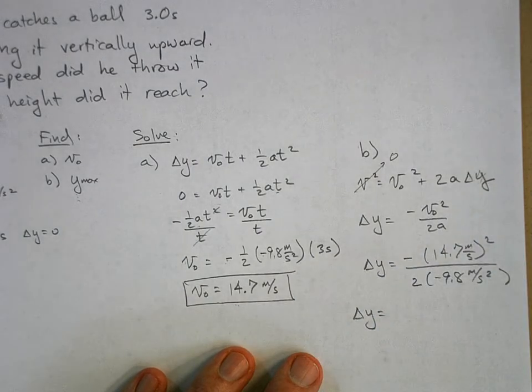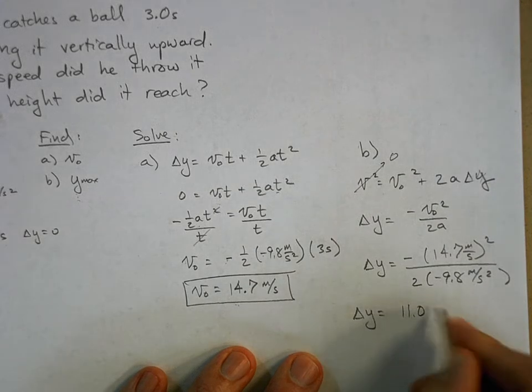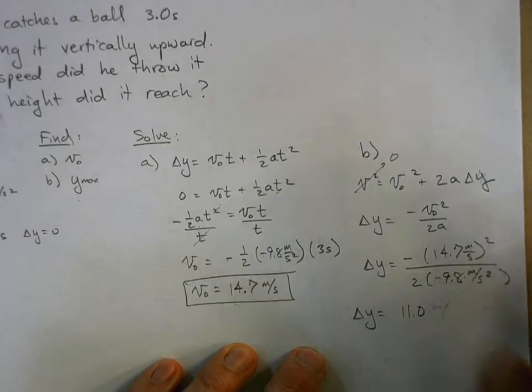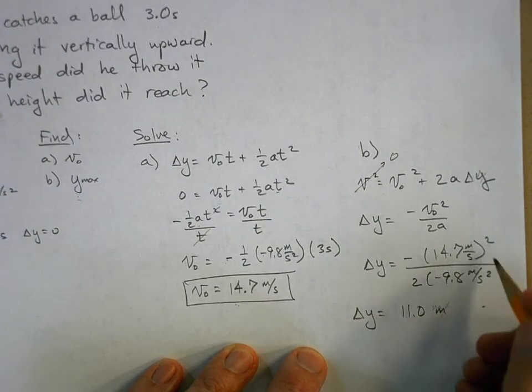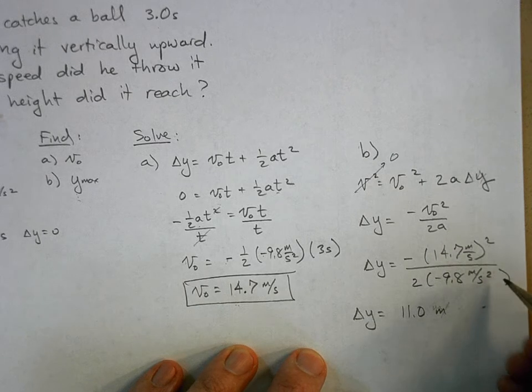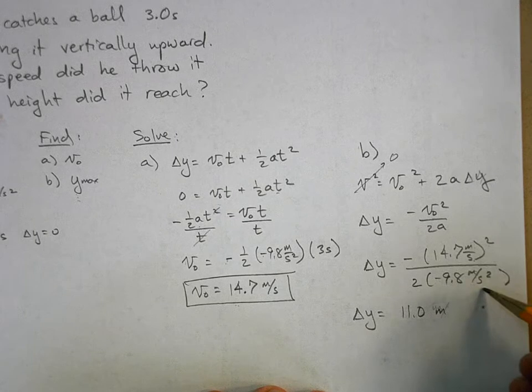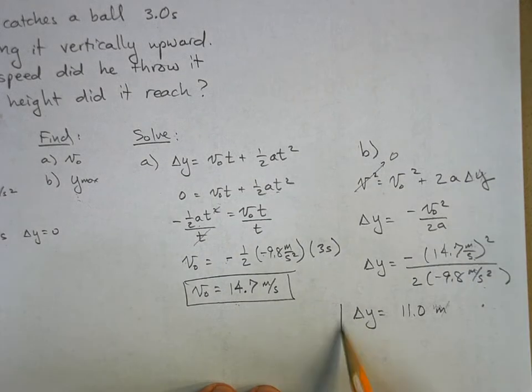So that delta y max is equal to, and you get 11.0 meters, not meters per second. You get meters squared per second squared divided by meters per second squared, which leaves just meters. So the units work out.